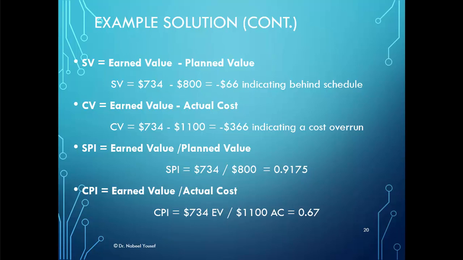This means that the project team is less efficient in utilizing the time allocated to the project, since it's less than 1. The cost performance index is equal to earned value divided by actual cost, and that's 734 divided by 1100. The value will equal 0.67, which means that the efficiency of utilizing the resources allocated to the project is not good, since it's less than 1.